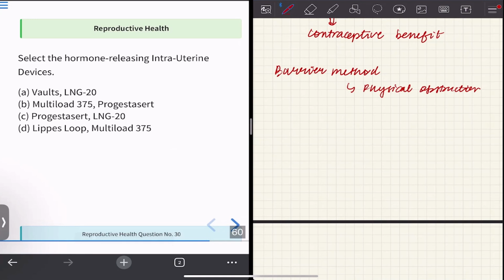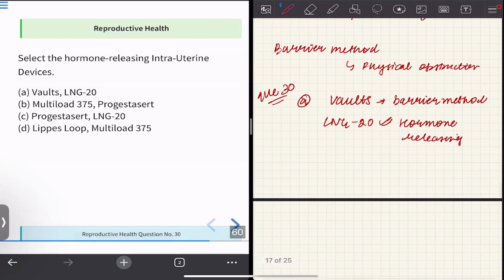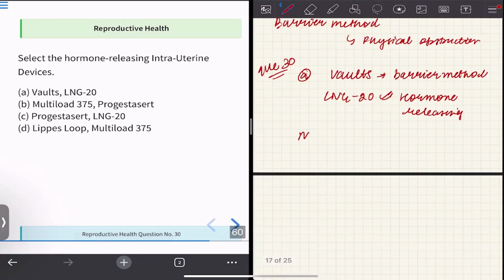So we have question number 30. Option A, we have warts. What are warts? They act as a barrier method. Then we have LNG 20. It is hormone releasing. Next, we have Multiload 375.